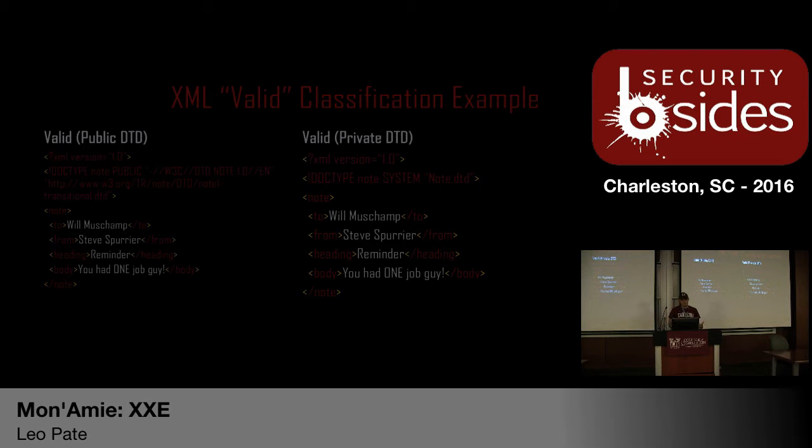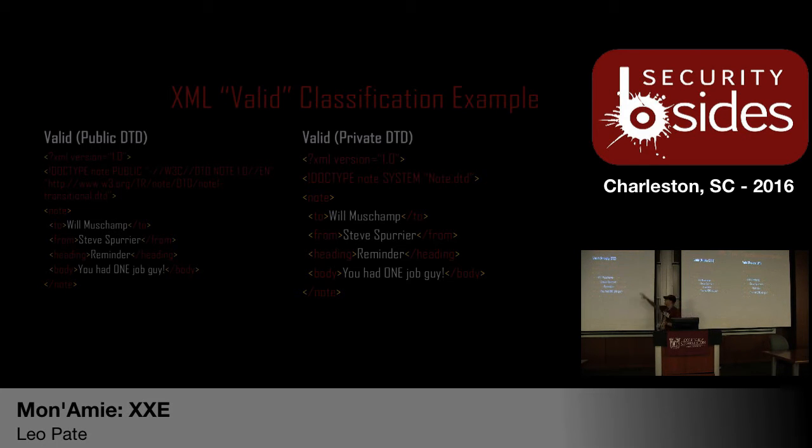So the next one is a private. It's essentially the exact same thing. The only difference is that it's local to that machine, right? So here we have Doctype note. So it's normally the second part after Doctype is the tag, the first tag that is encompassing the entire document.